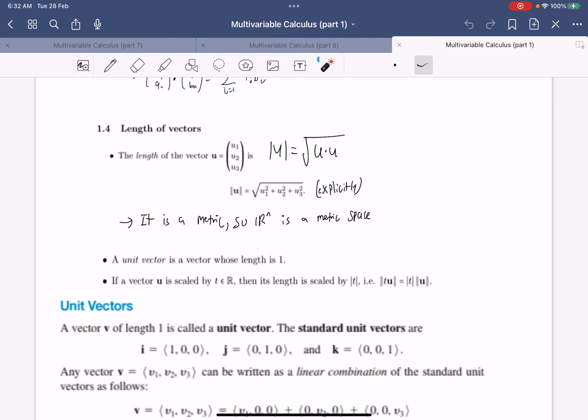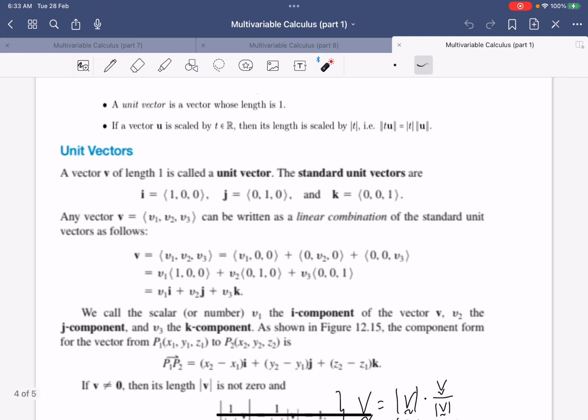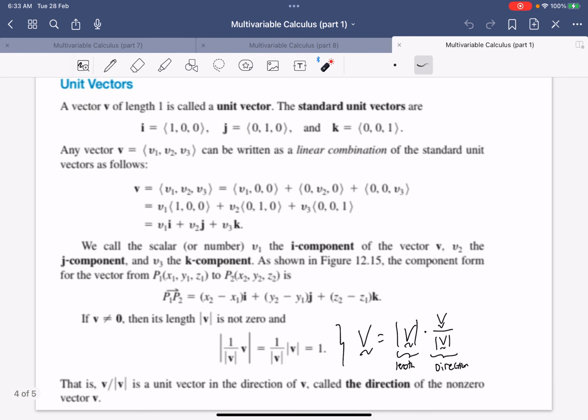A unit vector is a vector whose length is 1. And a vector comes with a length and a direction. This direction is the unit vector parallel to v.